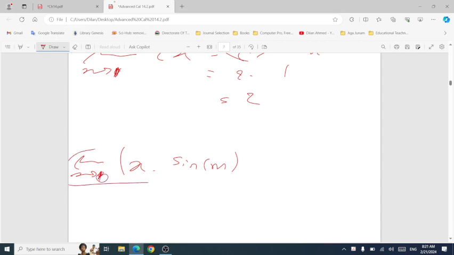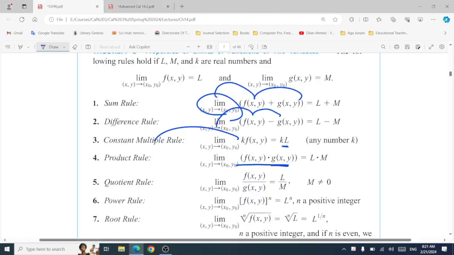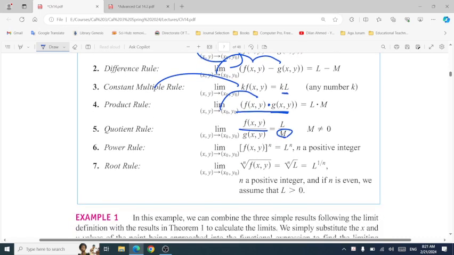You can find the limit of here, then multiply by the limit of here. Clear? Or both of them together. So it means that the limit can as well be distributed over multiplication, and over division if M, the result, is not equal to 0, otherwise you'll get does not exist.